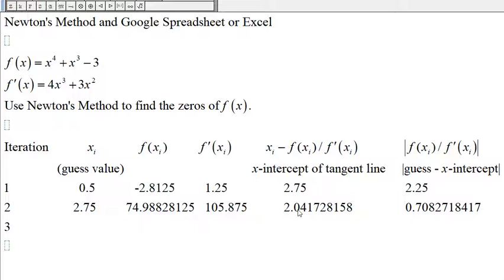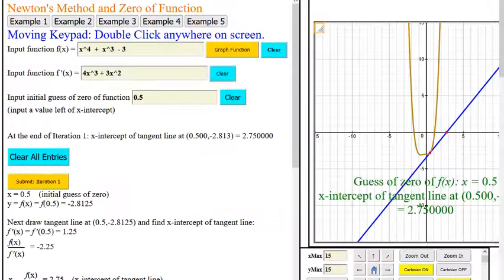And then calculate the x-intercept of the second tangent line. And so it would be 2.75 minus 74.98 divided by 105.87, and that would be 2.04. And now we go back and look at the graph. We will see that the second tangent line has an x-intercept of about 2.04.